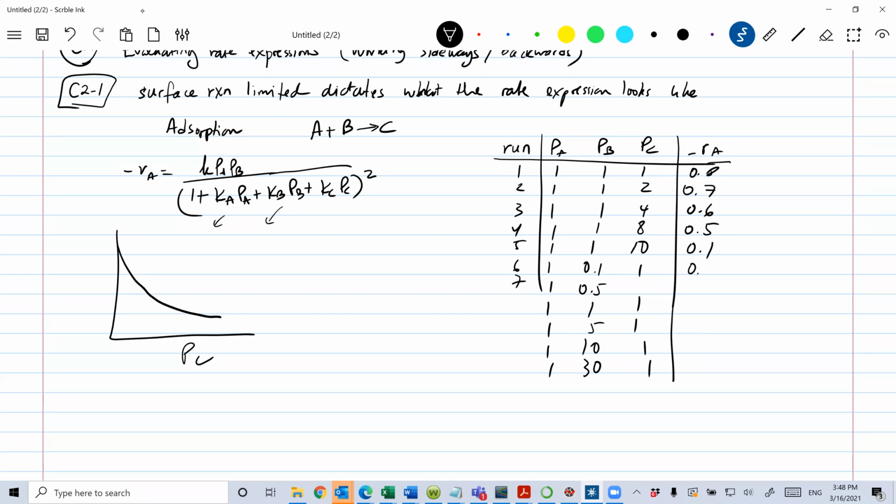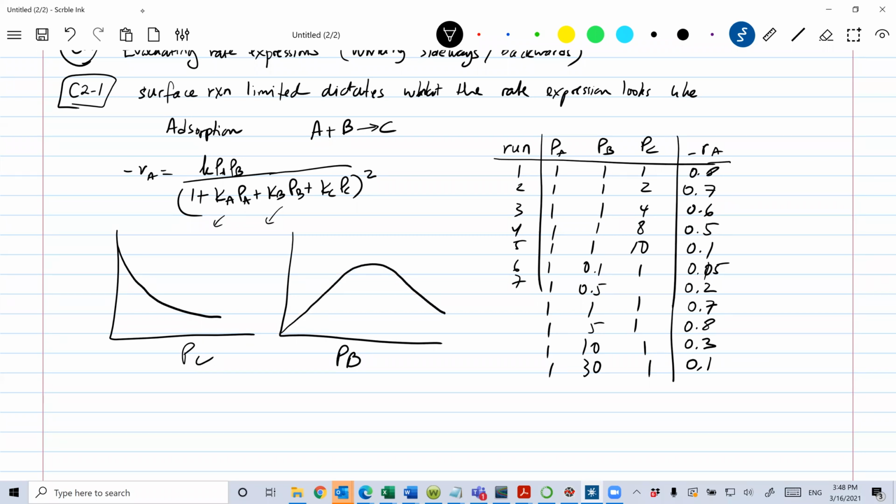Say the rate starts at 0.1 or 0.05, and then it goes 0.2, and then 0.7, and then it gets to 0.8, and then it goes down to 0.3, and it goes down again to 0.1. So what this means is that if you plot it, you get a maximum.